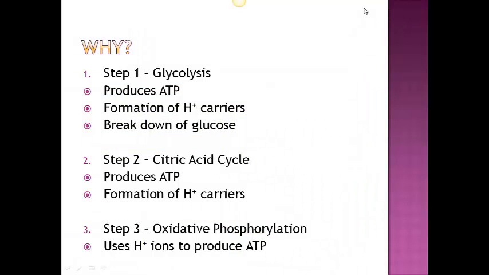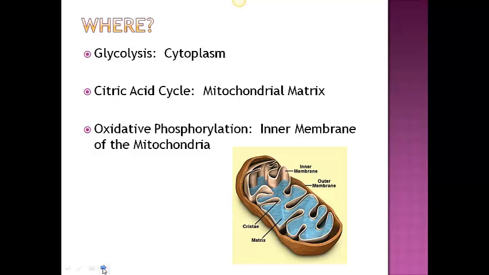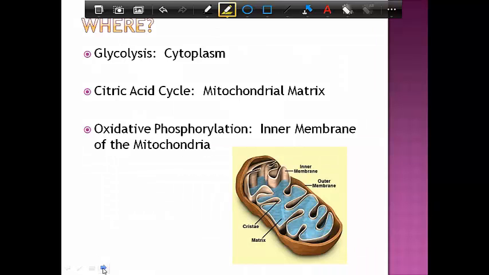Again, let's place ourselves where this actually happens. A little bit of review once again. The glycolysis is occurring in the cytoplasm. So if we are looking at the mitochondria, the cytoplasm is all this kind of yellow stuff around the mitochondria, the filling of the cell where chemical reactions can take place.